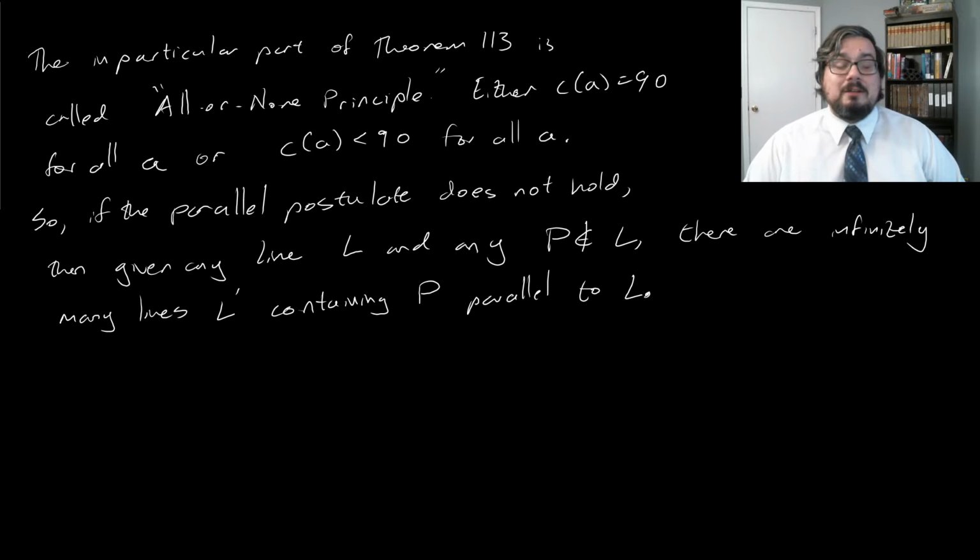There have been experiments where scientists and mathematicians have constructed giant triangles, like between three different mountaintops, and measured the angles involved to see whether they added up to 180. And they always have, but that's always to within a certain margin of error.